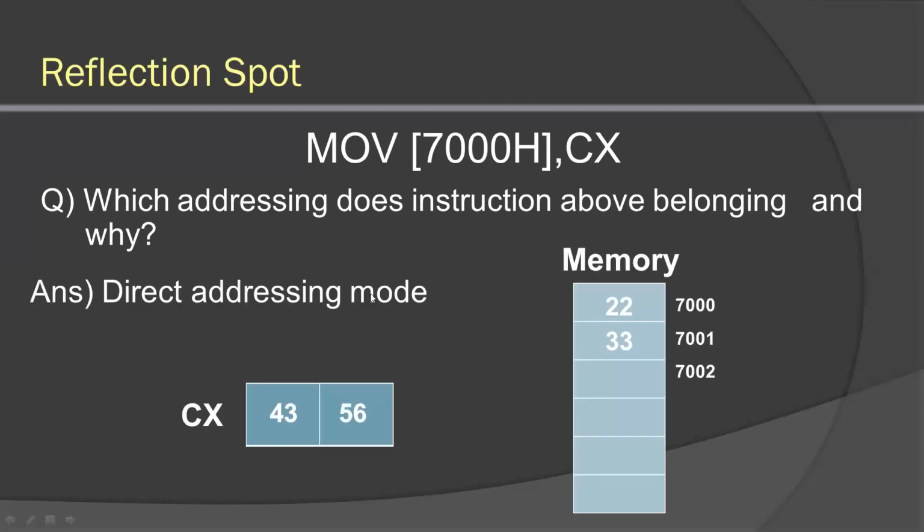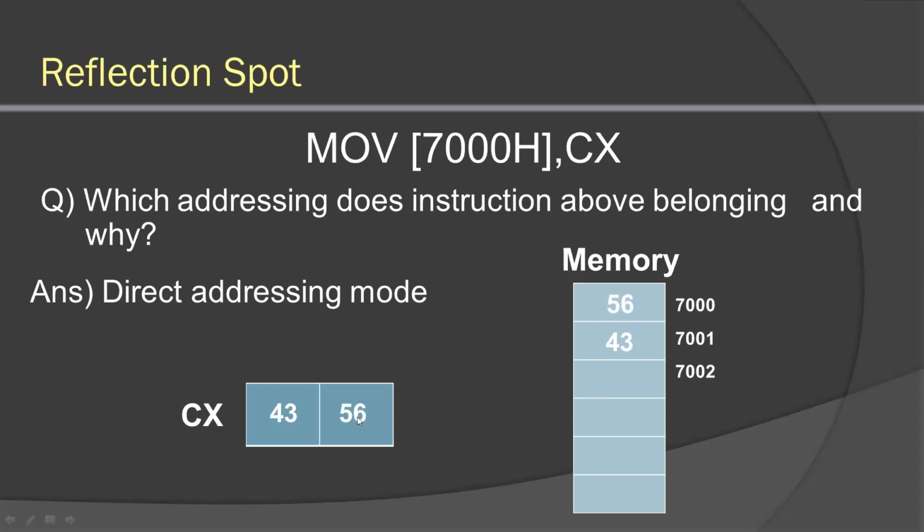Yes. Direct addressing mode. For example, we have considered data as 4356. Then memory is this, and in this memory earlier values are something else, and after execution of this instruction the values will be replaced by 4356. In the similar way, in last case we were studied that lower byte is transferred, first memory location value is transferred to lower byte, and +1 memory location value is transferred to higher byte.